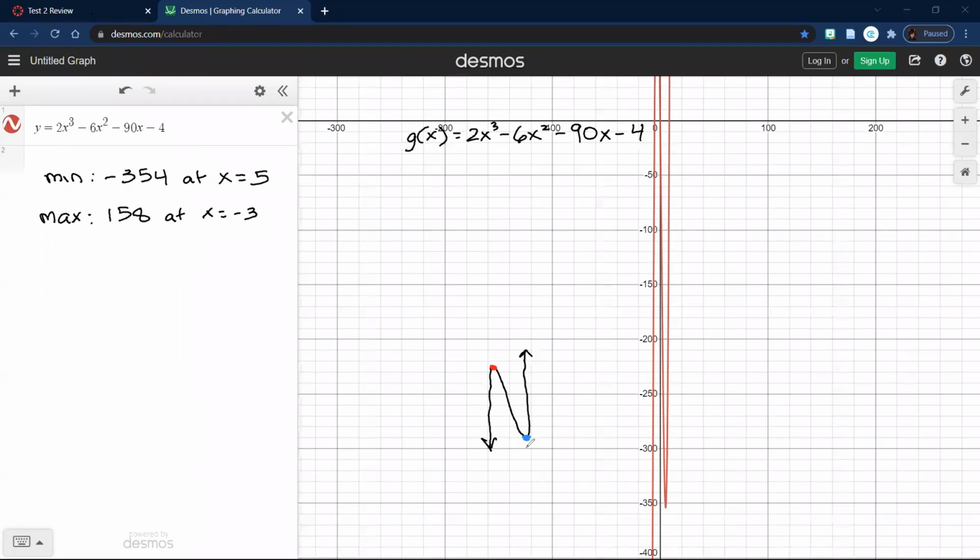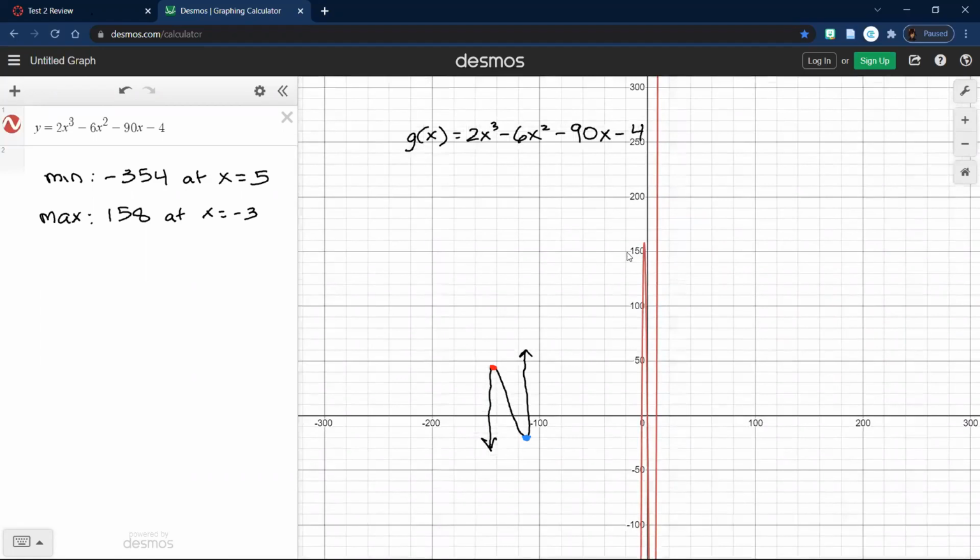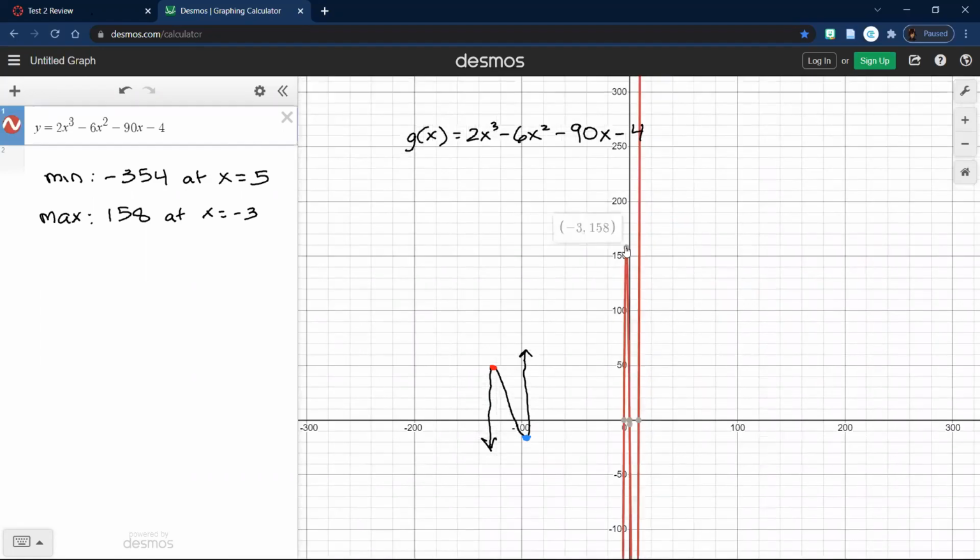So it's talking about minimum y values and maximum y values. When you think of min and max, associate it like that. If it's down here, it's most likely a minimum. If it's up here, opening down, it's a maximum.